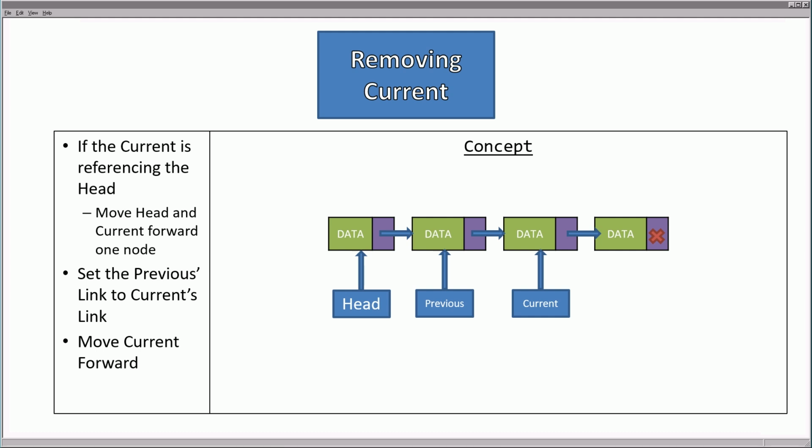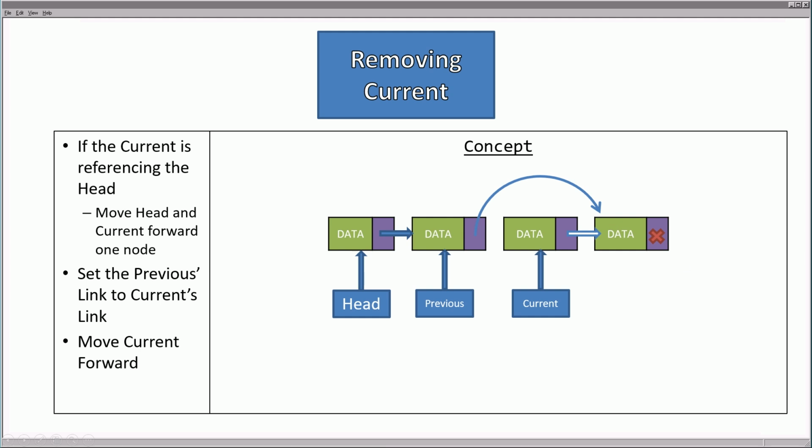However, if the current is not head, then what we need to do is simply this. Previous is the reference that is one node behind current. So previous.link always refers to what current is referring to. If we take previous.link and have it point to where current.link is referring, then effectively what we're doing is pointing over top of the current information.